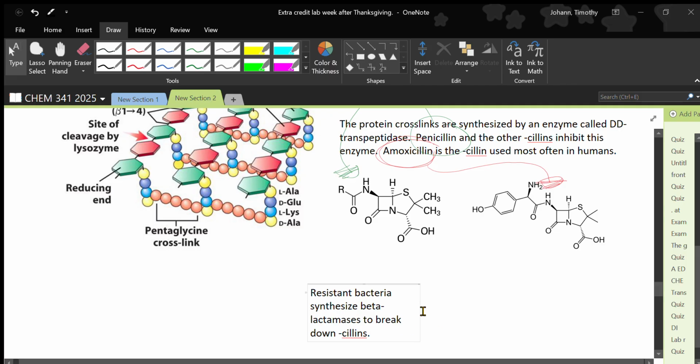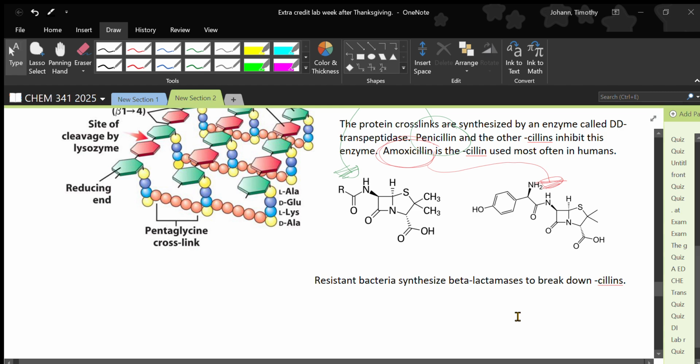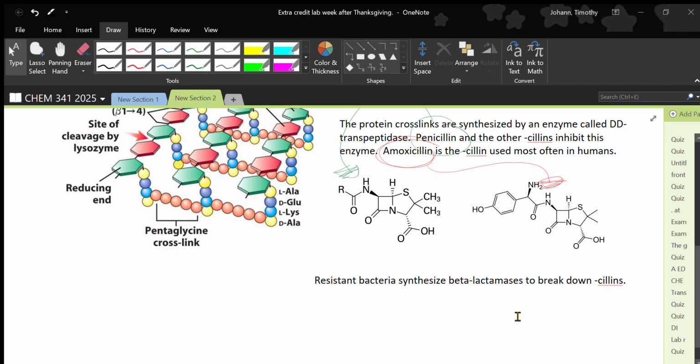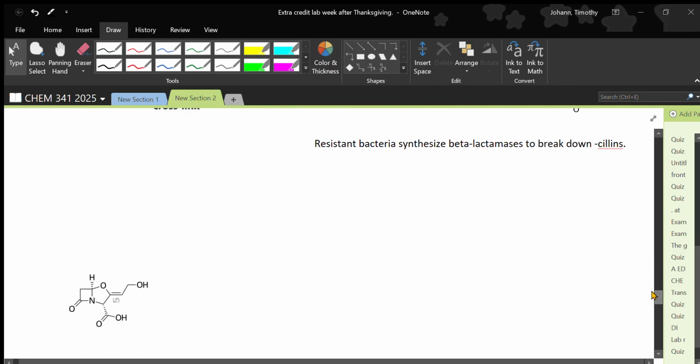This is a method by which bacteria can become resistant. And all this is actually happening outside the bacteria. So these crosslinks get made outside the cell, right? They're in the wall. And then these beta-lactamases get exported out there as well to get rid of the cillins.